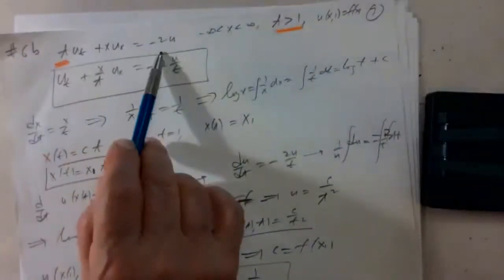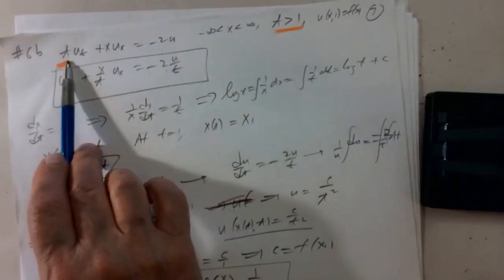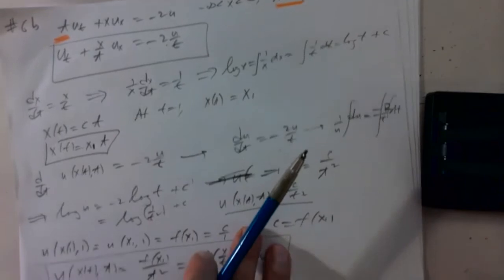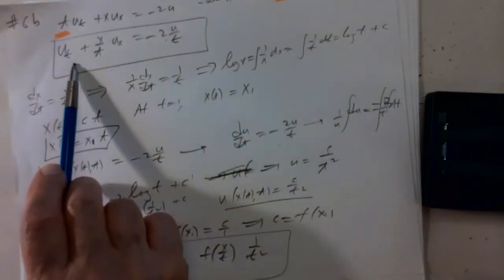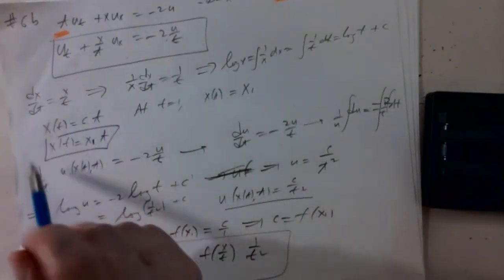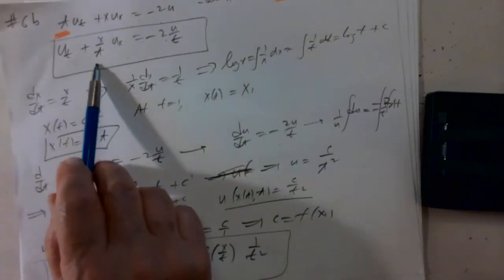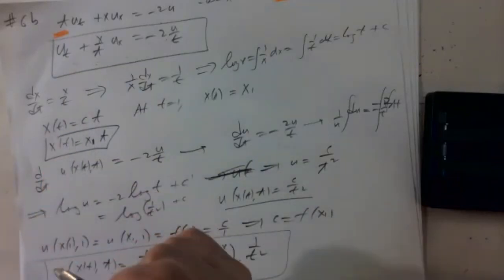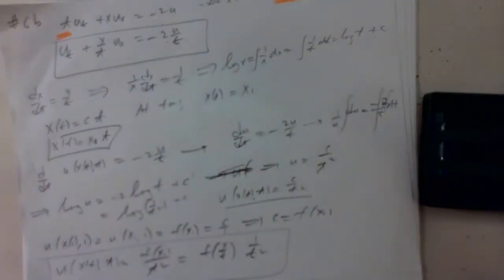So we started with this differential equation. We can divide by t, because we're only considering positive values of t. So the differential equation looks like this. dx/dt equal x over t gives us the characteristic curve. Along that curve, the derivative is equal to the right-hand side.